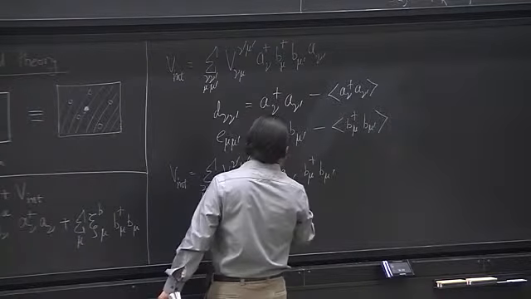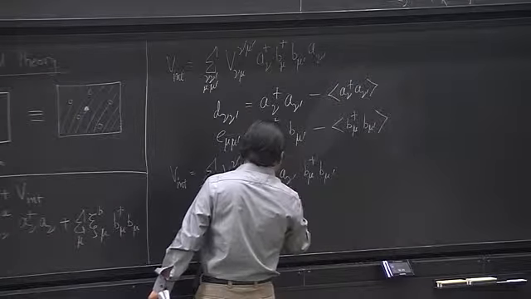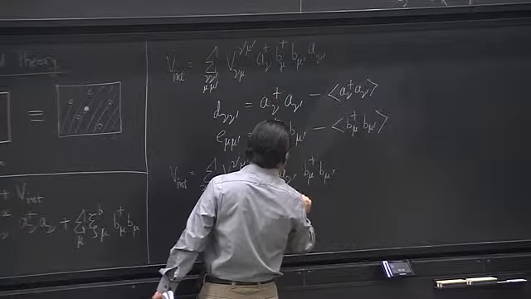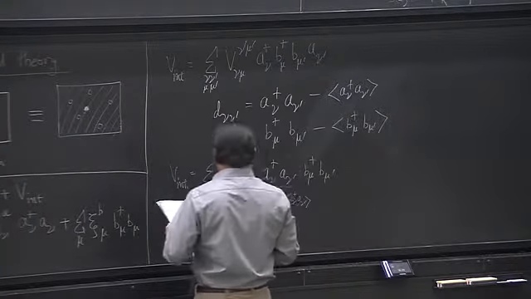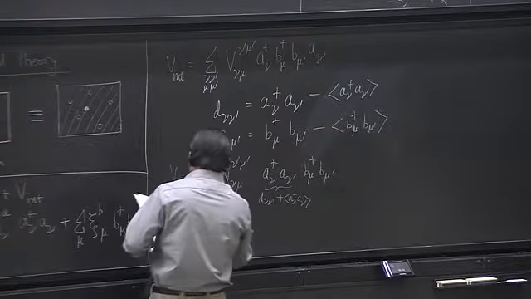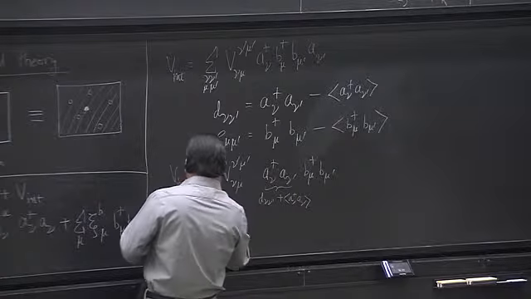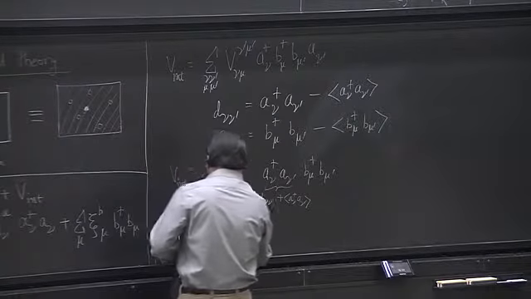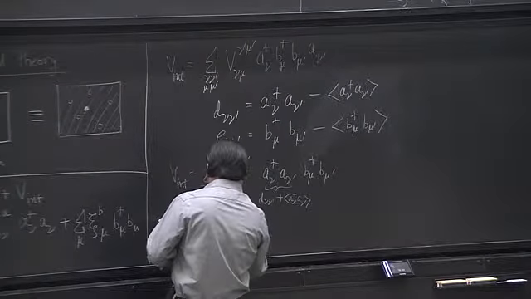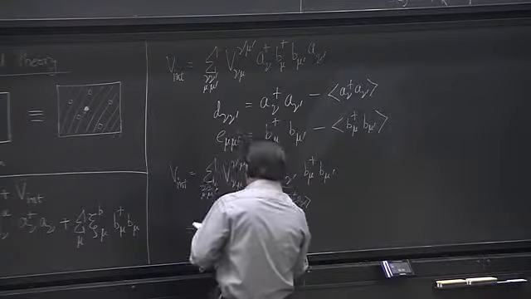And now this I can write as D nu prime plus the expectation value. And similarly for B, and then expand this, what I will get is the sum over nu prime, mu prime, V nu prime.